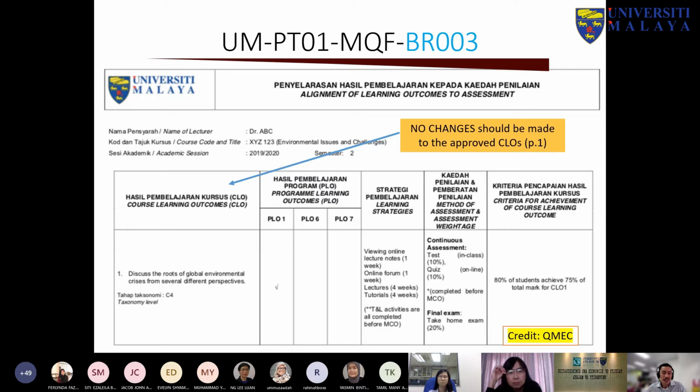The CLO, course learning outcomes, normally we have either 3 or 4. We need to make sure that as much as possible we don't change them. If you need to change them for any reason, for example the learning outcomes cannot be achieved using online learning strategies, then you need to go to the Senate to have it changed.